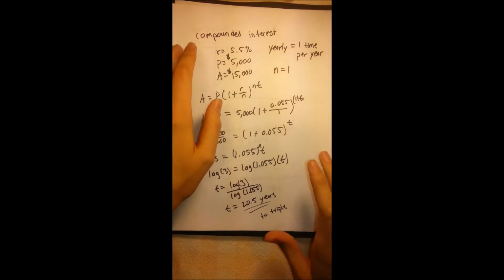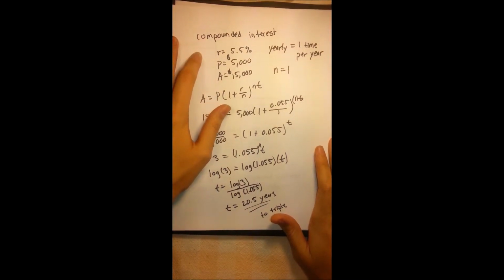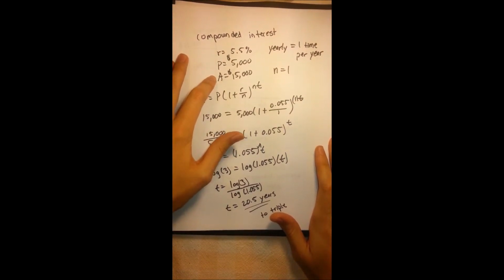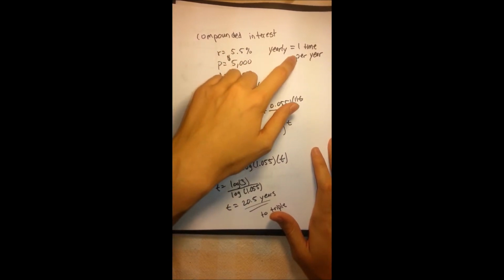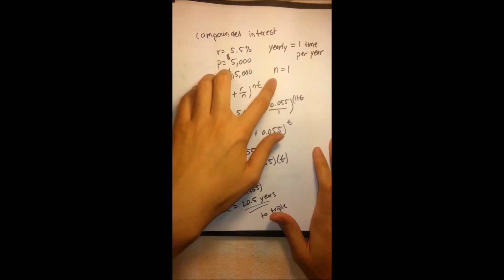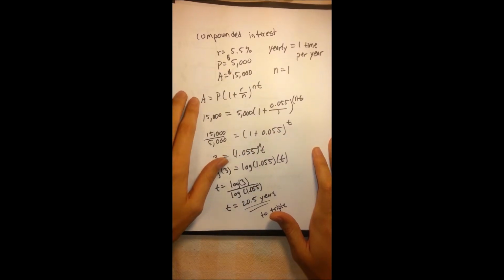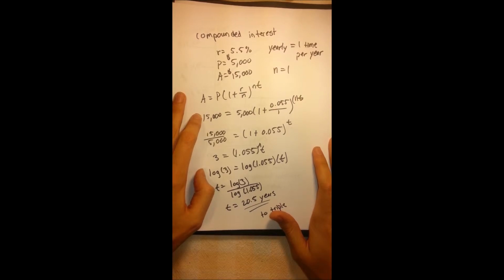The second one is compounded interest. The rate equals 5.5%, which is lower, but this is compounded differently, so the time may be smaller. N equals 1 in this case, as explained earlier, because it's compounded yearly, so once a year.